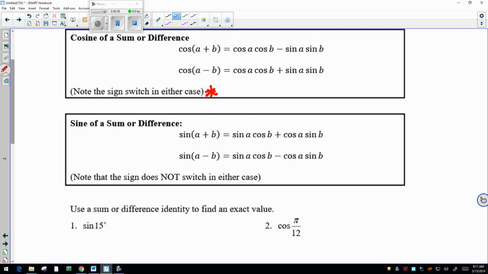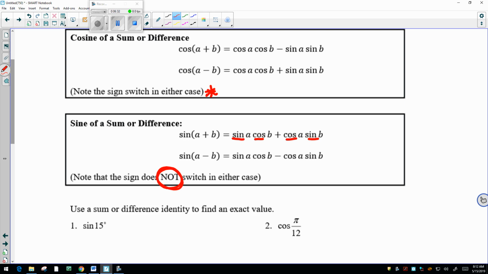When you get down to sine, a couple of things happen. The signs don't change. So if I'm adding 2 angles with sine, I'm adding 2 values in my formula. But do notice what does switch. Where cosine was both cosine, now when I have the sine of 2 angles, I have a sine and a cosine together.